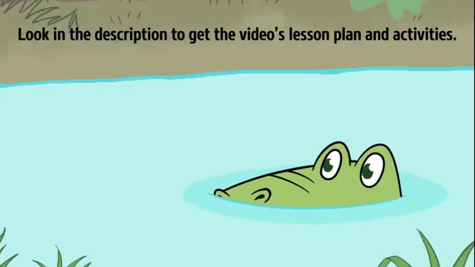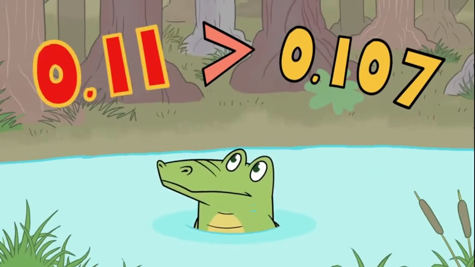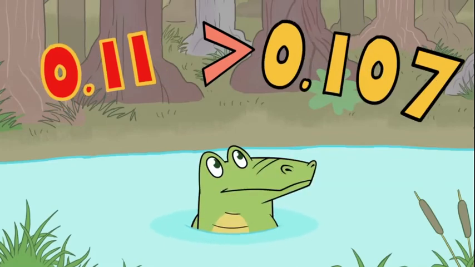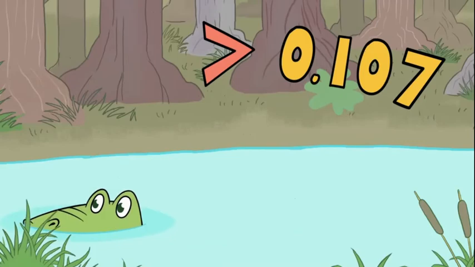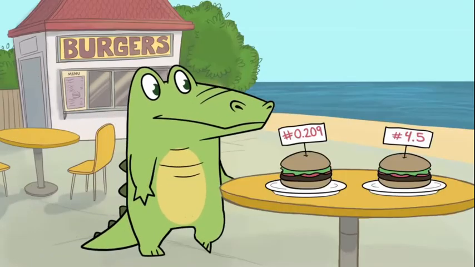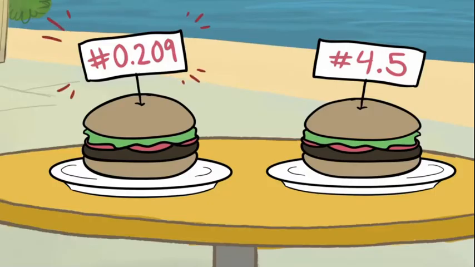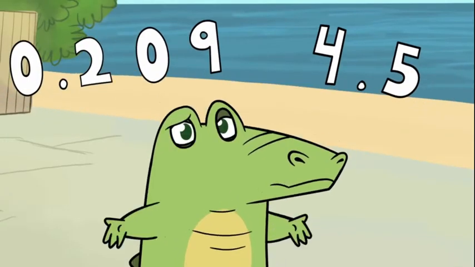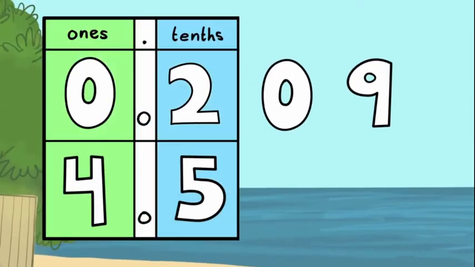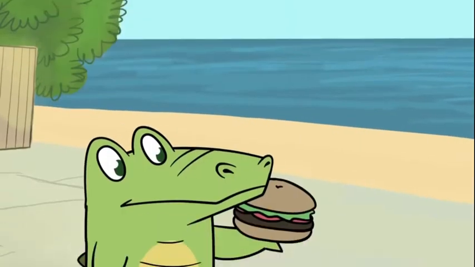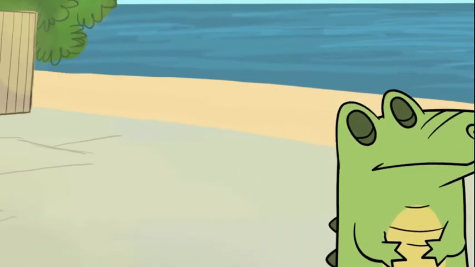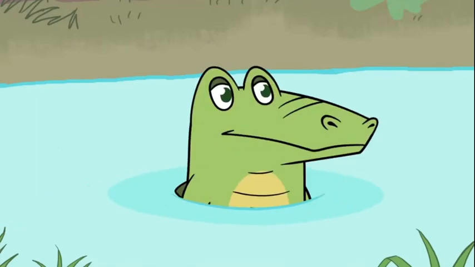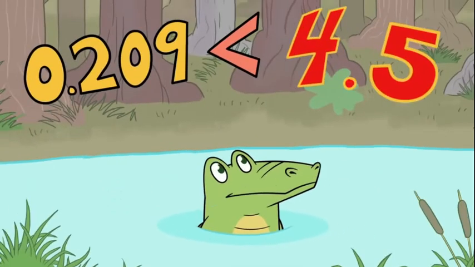The hungry alligator eats the value that is greater. The value that is least is never part of his feast. 209 thousandths and 4 and 5 tenths. The gator eats the one with the greater contents. He looks at the place values from left to right, force the greatest one's place, so he takes a big bite. The hungry alligator eats the value that is greater.